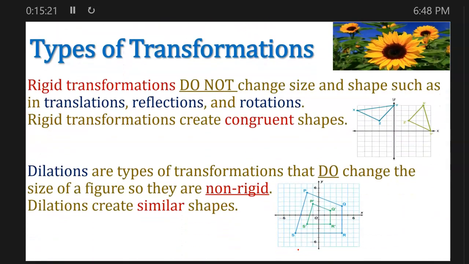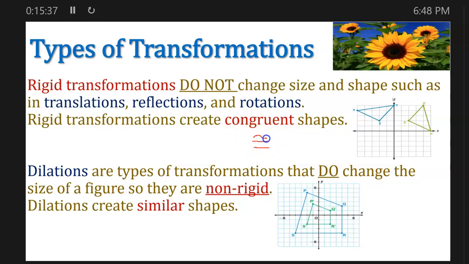Types of transformations. There are 2 that we discussed. There are rigid transformations that do not change the size and shape, such as in translations, reflections, and rotations. Rigid transformations create congruent shapes. Remember congruent shapes, this is the symbol.